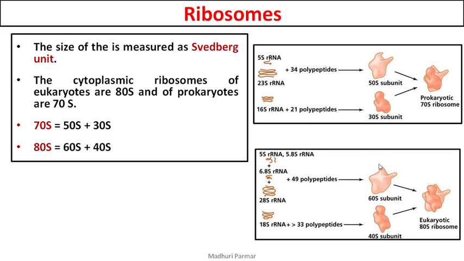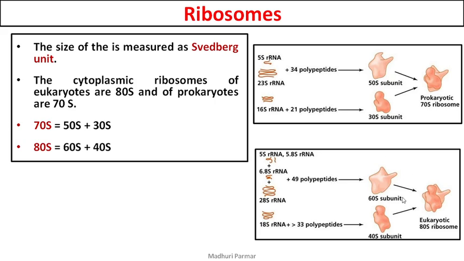Now let us consider what the large subunit and smaller subunit are made up of. Here the larger subunit is made up of 5S rRNA, 5.8S rRNA, and 28S rRNA. So compared to the 70S ribosome, you have two more rRNAs present in the larger subunit of the eukaryotic ribosome.